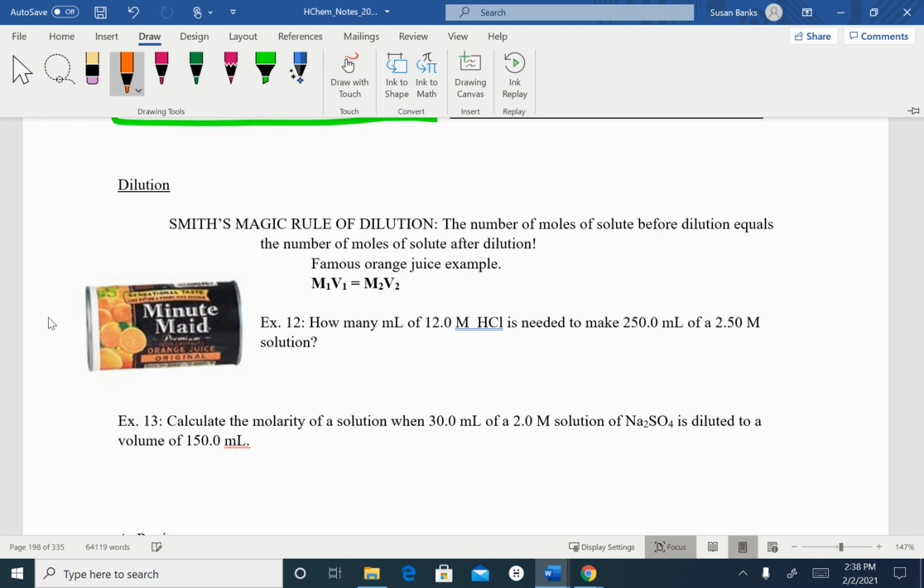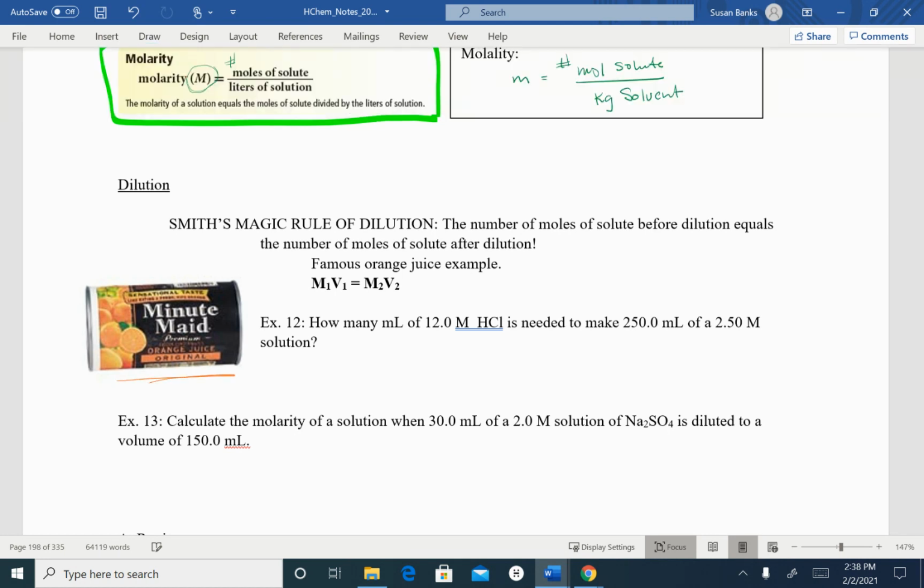So let me just do a thought experiment for you. How many of you guys have made juice from concentrate? If you've made juice from concentrate, you've seen these frozen cans. And when you make juice from concentrate, we're going to say that this can has the juice of 10 oranges in it. Okay, I want to make this juice.